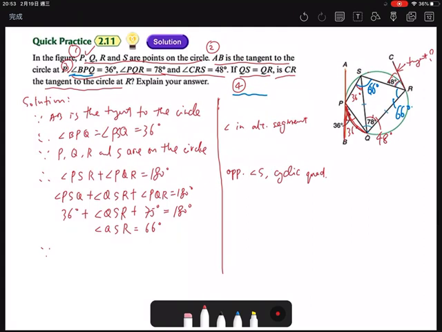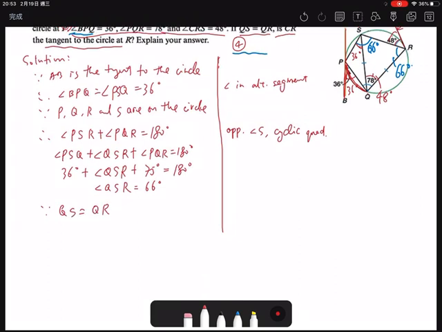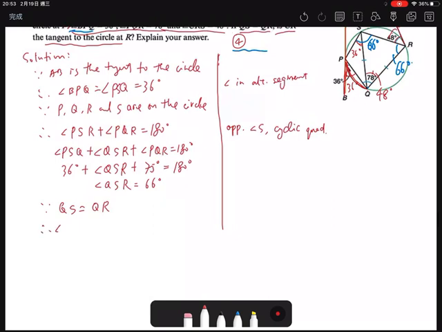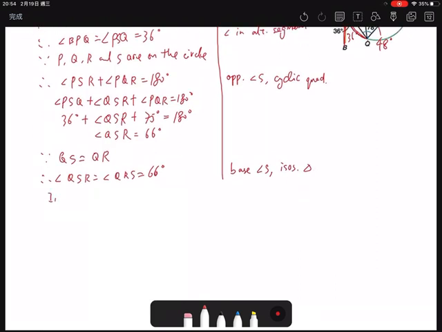And because of the fourth condition, QS equals QR, given, angle QSR equals angle QRS equals 66 degrees. The reason is base angles, isosceles triangle.